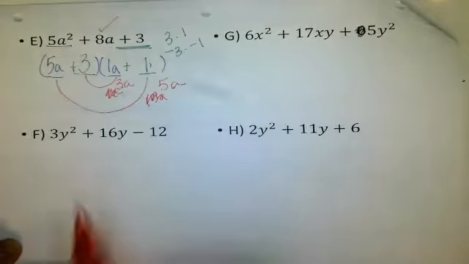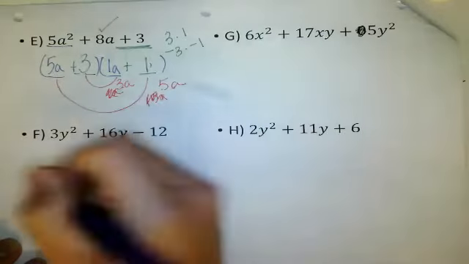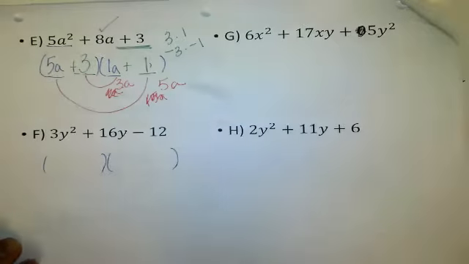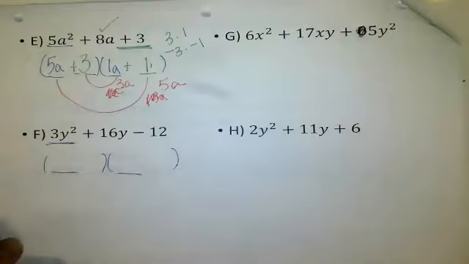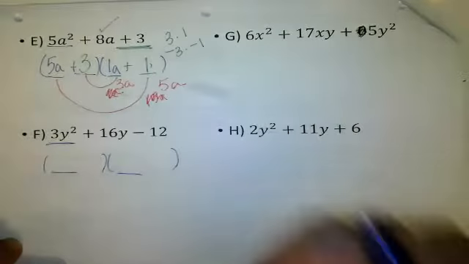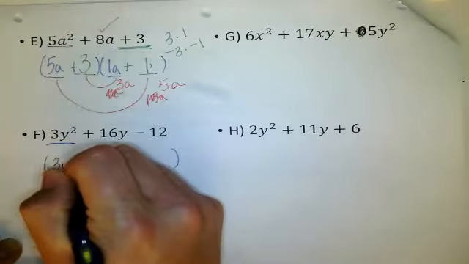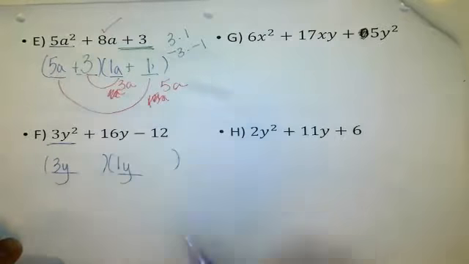Letter F. Double bubble. Same question. First times first has to be the first thing. What times what is 3y squared? 3y times 1y. Very good.